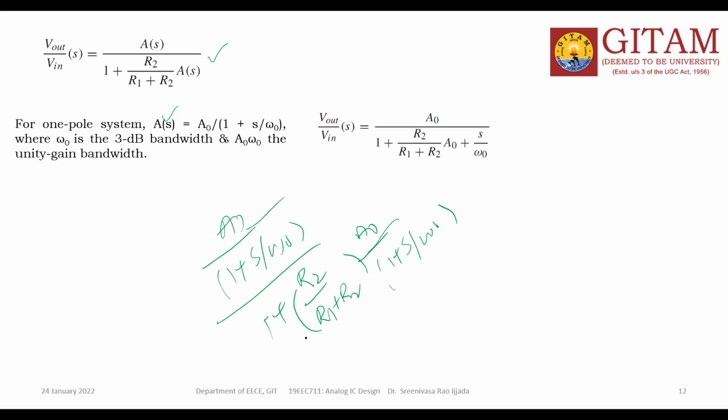Then it comes like this: A naught by 1 plus R2 by R1 plus R2 into A naught plus S by omega naught. Got this one? Take this as a structure and substitute this value in place of A of S, and divide numerator and denominator with 1 plus S by omega naught. Then you will get this equation.